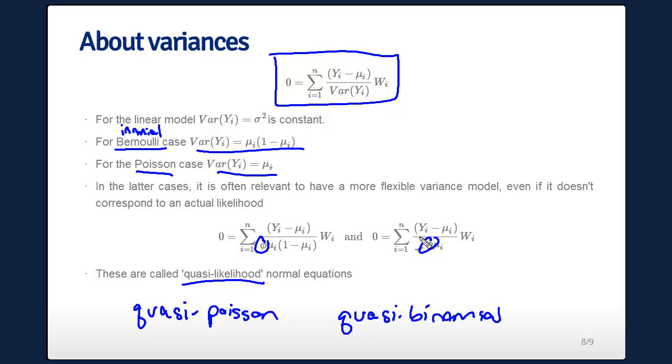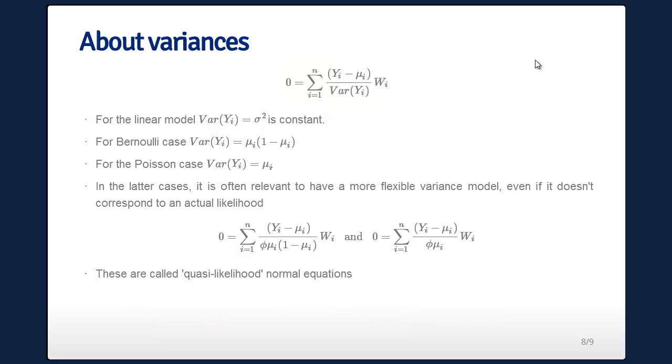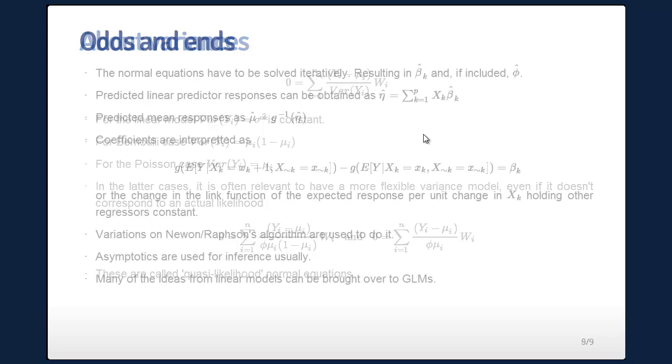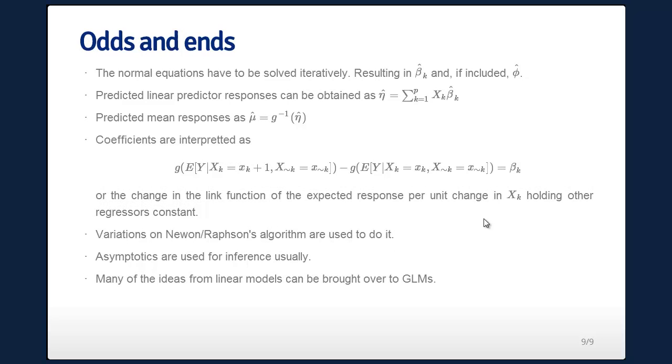And as you can imagine, because academics like to do these sorts of things, they've proved everything about the quasi-likelihood equations, and they inherit most of the same properties that GLMs do. They just don't happen to correspond to a specific model.